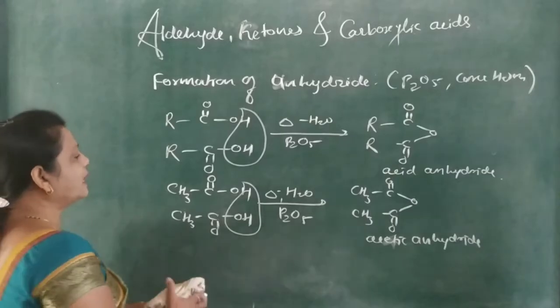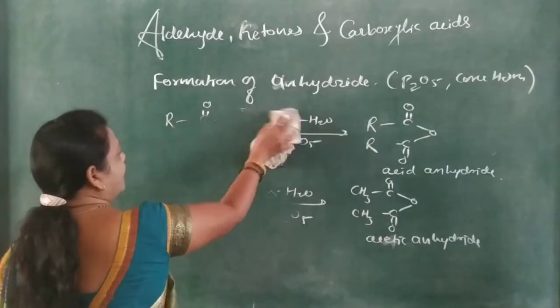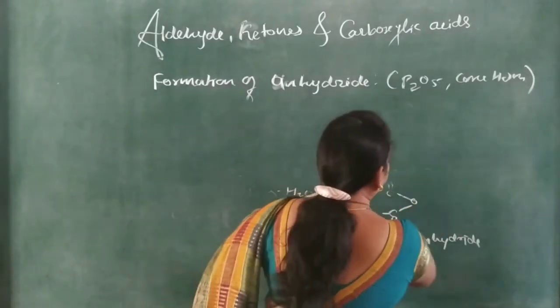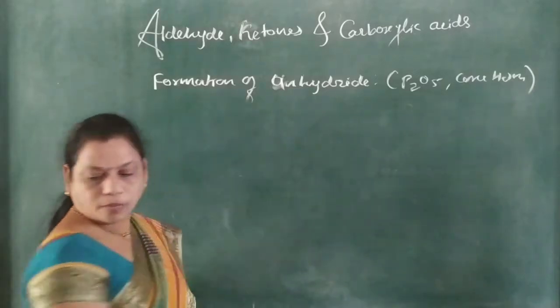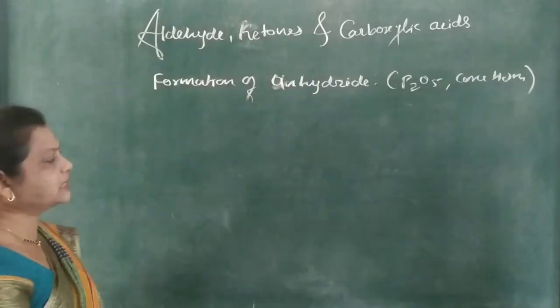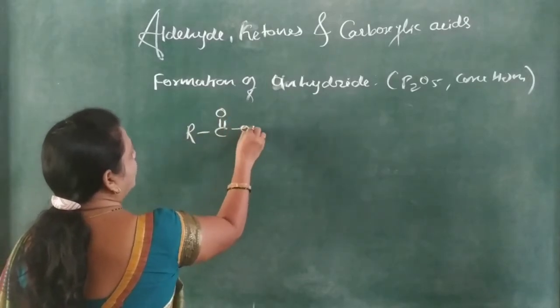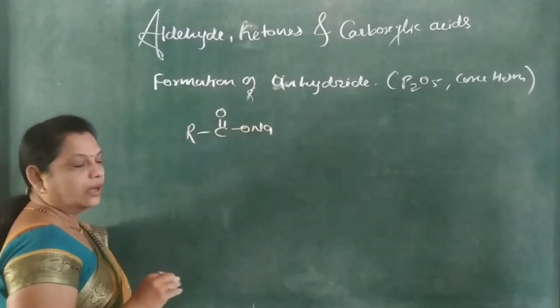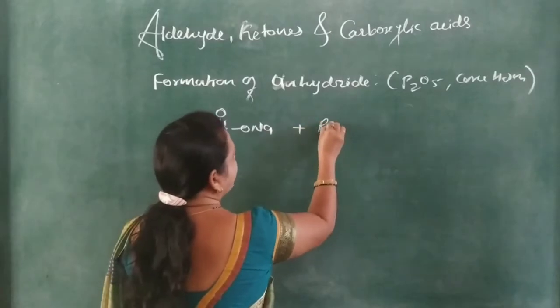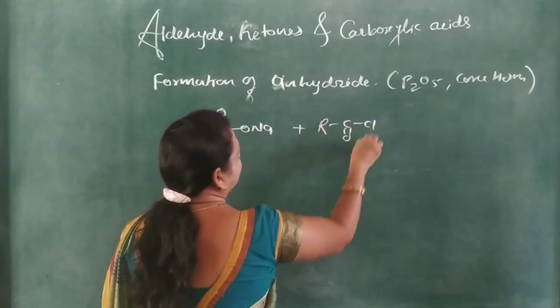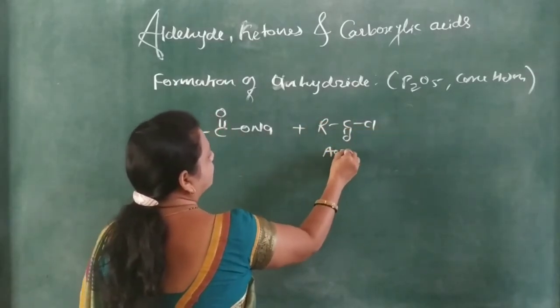An easy way to prepare the acid anhydride is from the sodium salt of carboxylic acid, that is RCOONa, plus RCOCl, acid chloride.